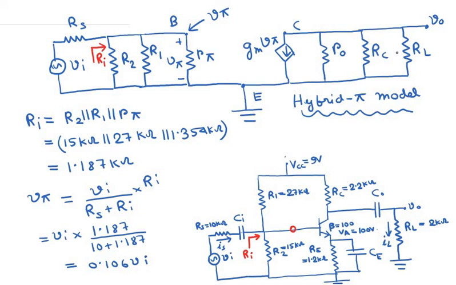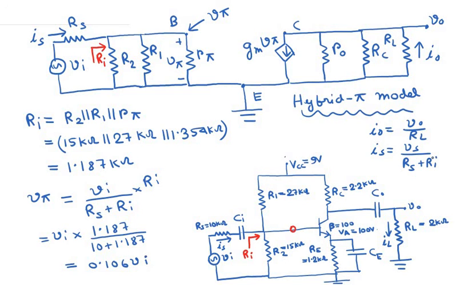I0 is the current which flows across this load resistor RL, and Is is the current that the input signal source is providing. So what is I0? I0 is simply V0 divided by RL, and Is is simply equal to Vs divided by Rs plus Ri.